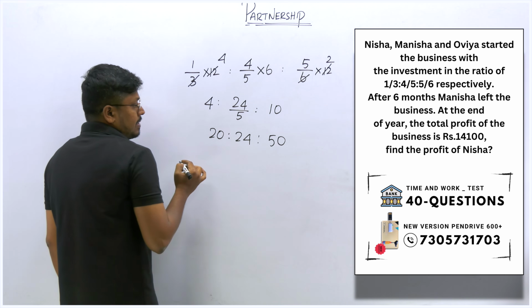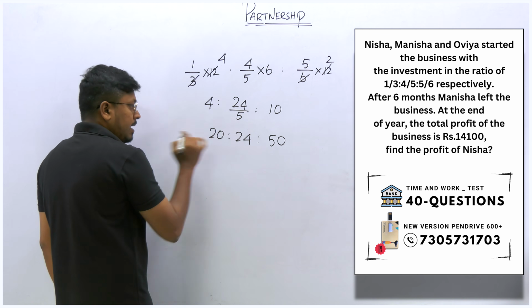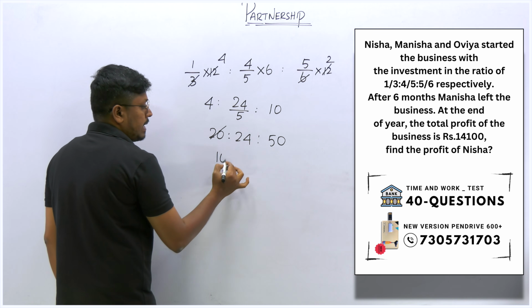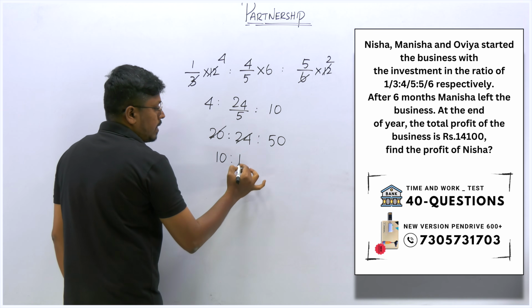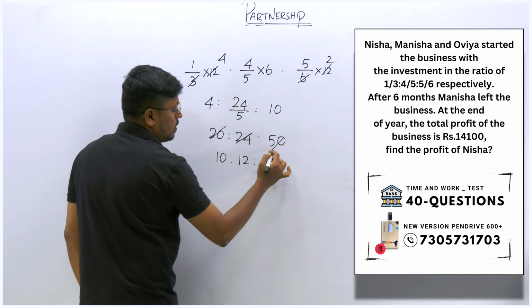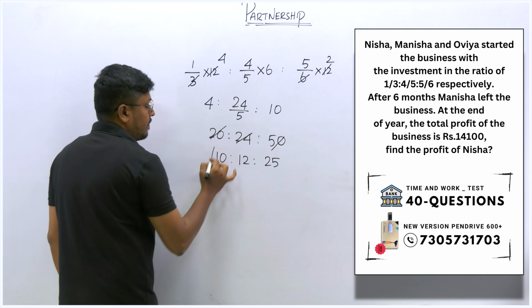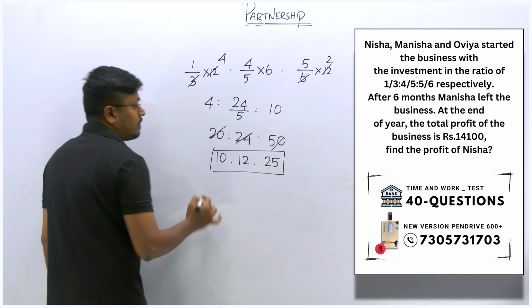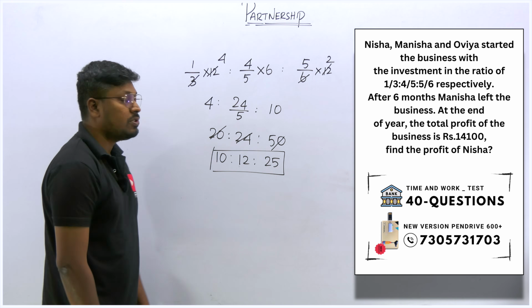Now check whether we can cancel it by the 2 table. Yes, we can cancel it on the 2 table: 10 times, 12 times, and 25 times. So finally we can say that the ratio of their investment is 10 is to 12 is to 25.